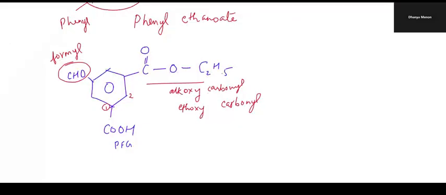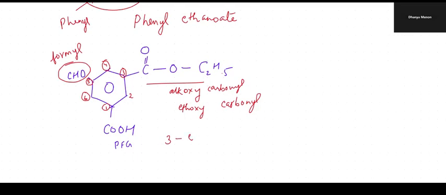So 3, 4, 5, 6. Because either way we number, the substituents are getting the same position. So 3 and 5, the third and the fifth position, the substituents are getting. So we go with the alphabetical order. Naming is always according to alphabetical order.